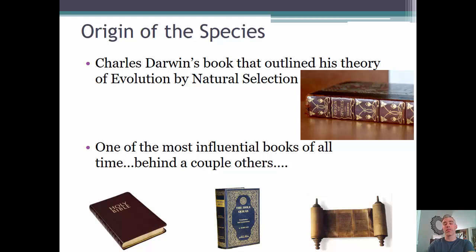So he did years of compiling, years of looking at specimens, specifically as it came with his finches, which were a really well thought out, which we'll talk about later, well put together pieces of evidence to support his theory. He finally published his book, and he only published his book when he got a manuscript from Alfred Russel Wallace, who was another naturalist at the time.